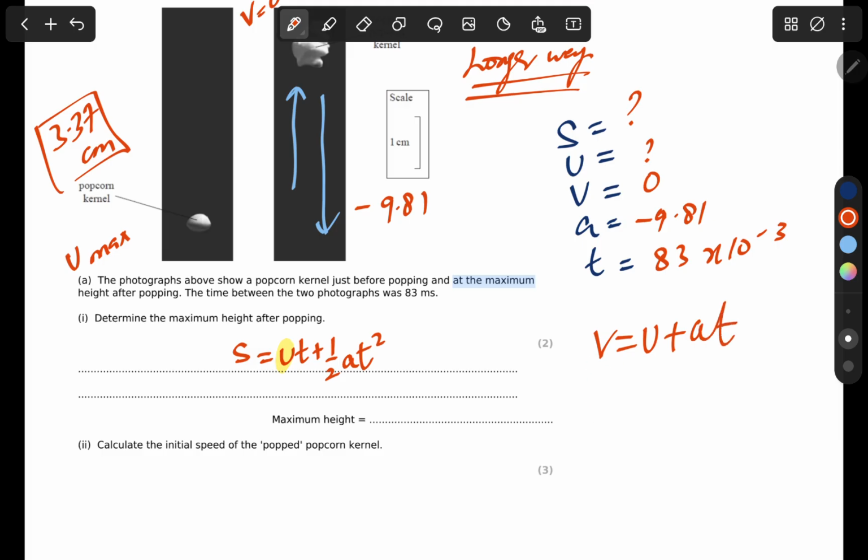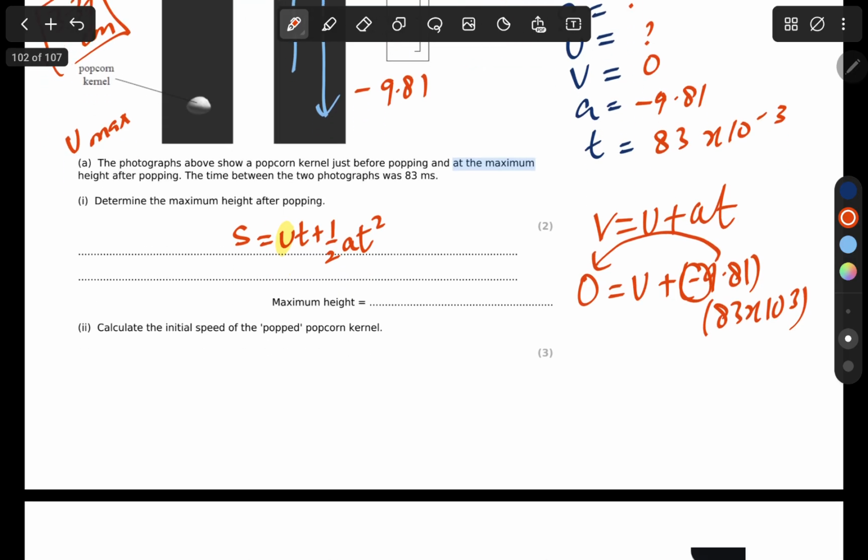So I know v is 0, equal to u plus negative 9.81 times 83 times 10 to the power of negative 3. If I move this to the other side, this negative sign will become positive. Basically what happens, because of this negative sign, this entire expression becomes negative, right? So when I move it there, it becomes positive, okay? So that's going to be u.